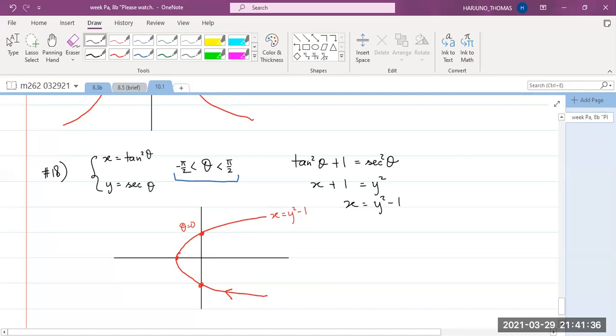But can I find out what the theta is for this? I wonder what that is, when y is negative 1.